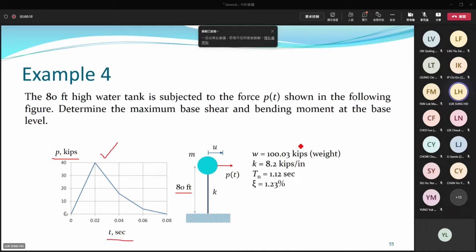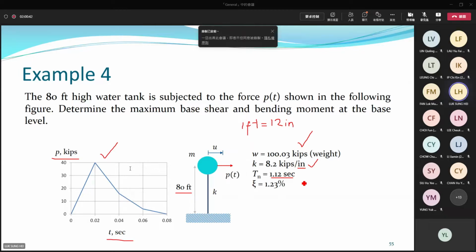There are some properties, the weight and the stiffness. The stiffness is expressed using kilopounds per inch. Inch is also a unit of length. 1 foot equals 12 inches. The period of the system is equal to 1.12 seconds.